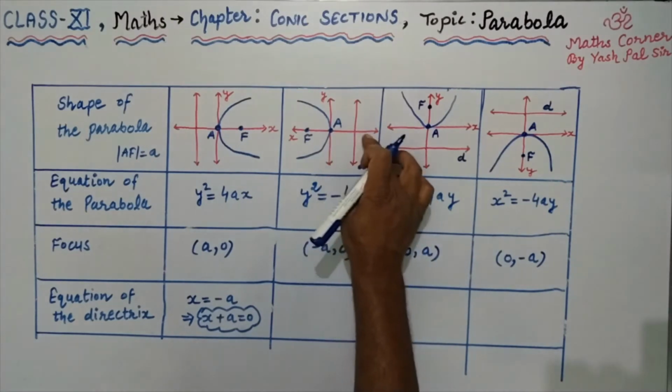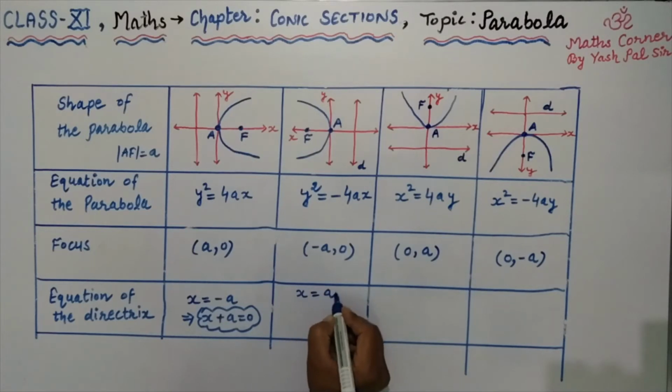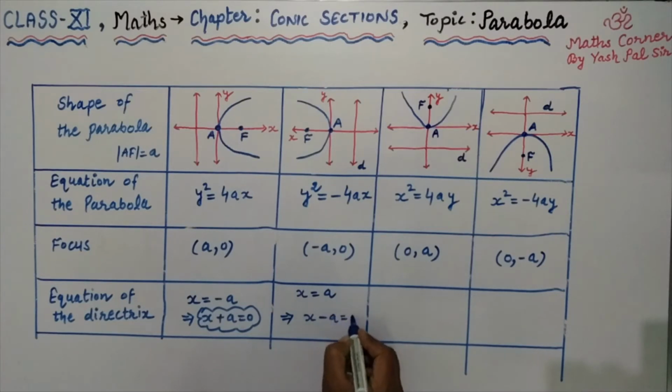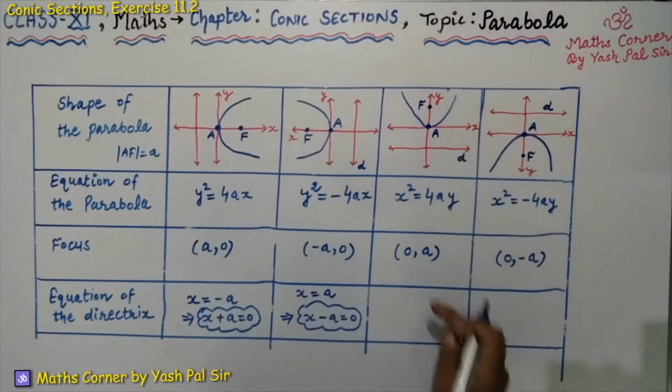In second case, this distance is a, x is equal to a. So equation of the directrix becomes x minus a equal to 0. This is the equation of the directrix.